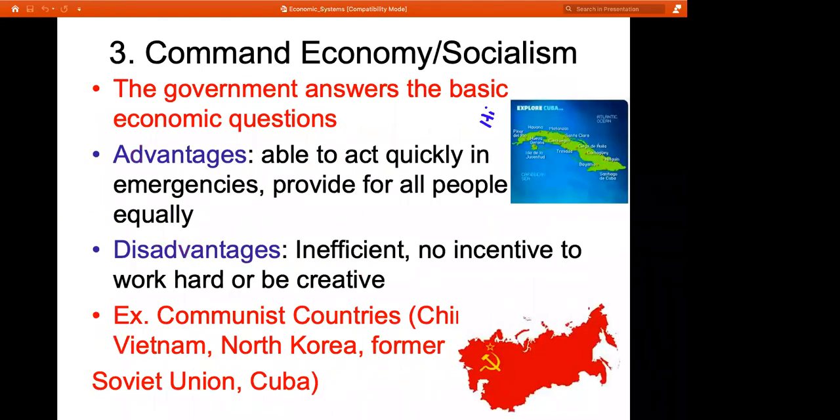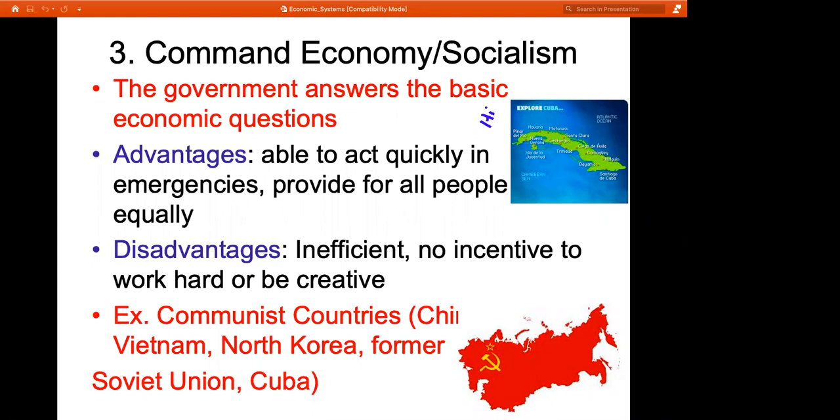And the third set of economic system is command economy or socialism. The former Soviet Union and China are some of the classical examples. The proponents of this command economy are Marxist.